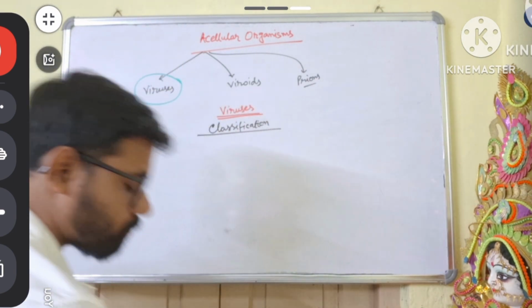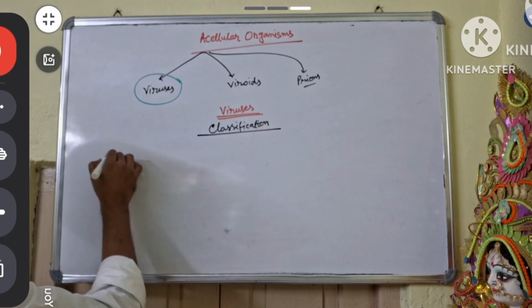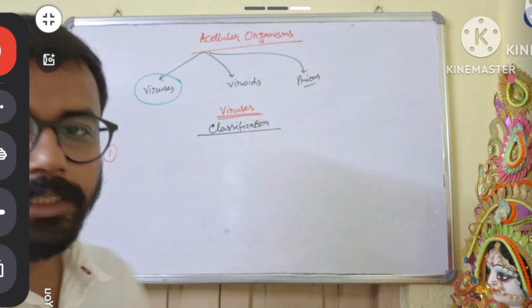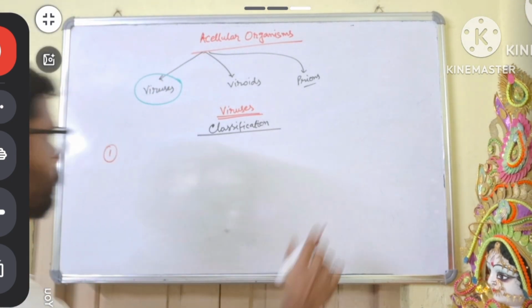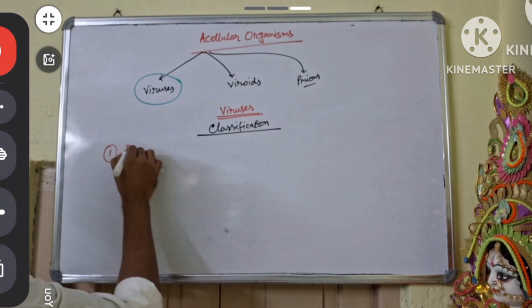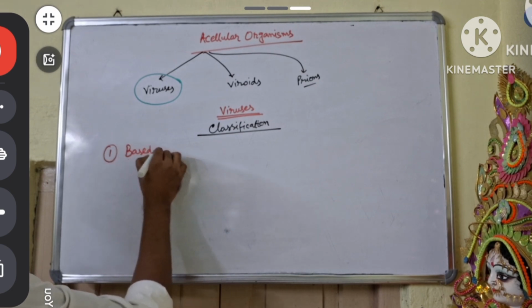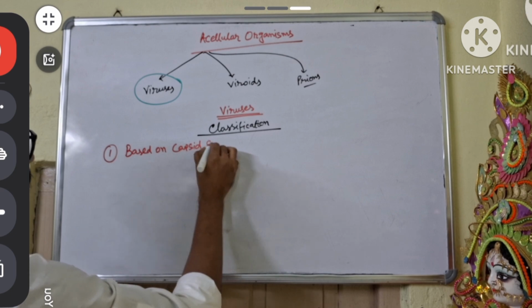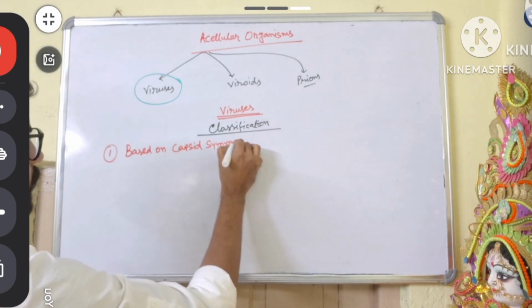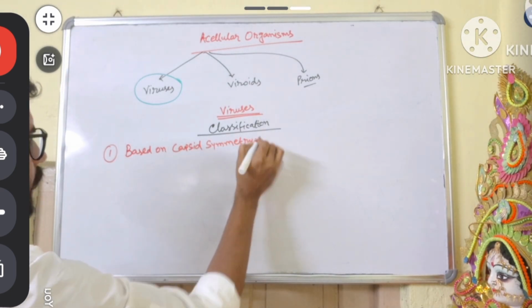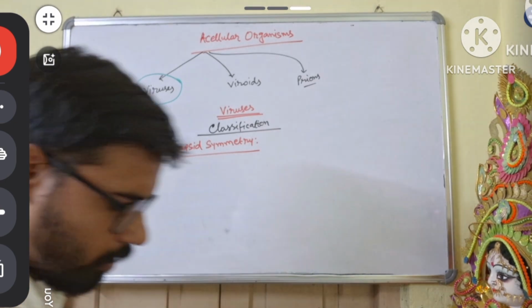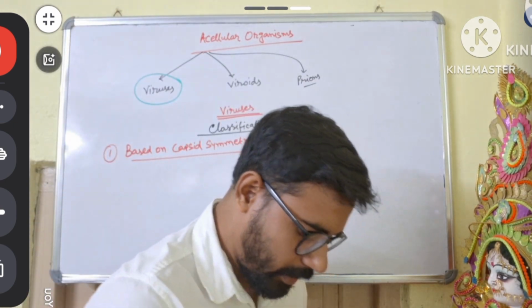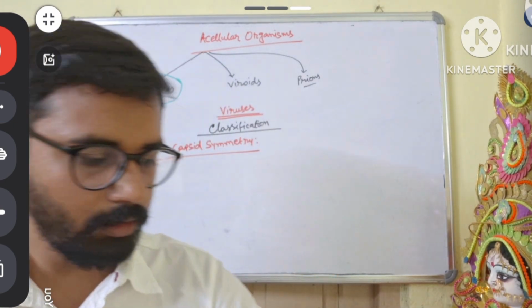The first way to classify the virus is based on capsid symmetry. We all know what the capsid is. It is the outer protective layer of the virus, composed of protein.